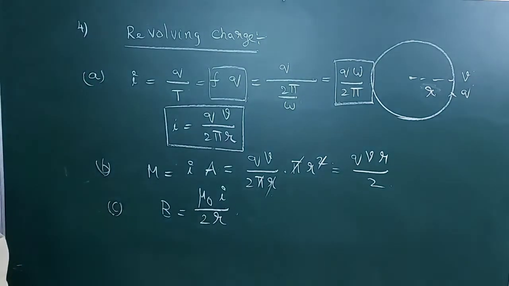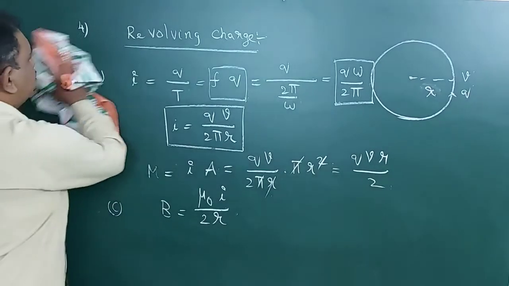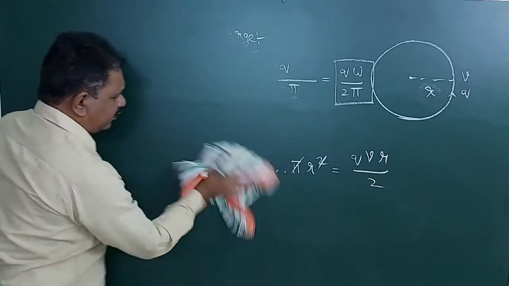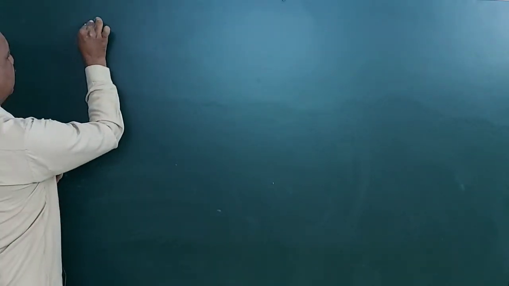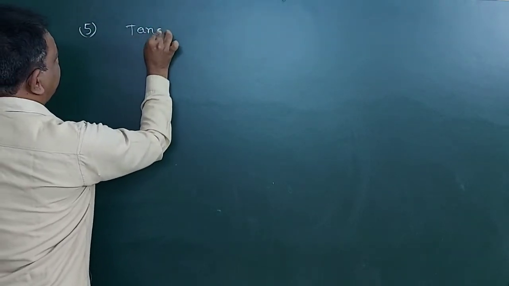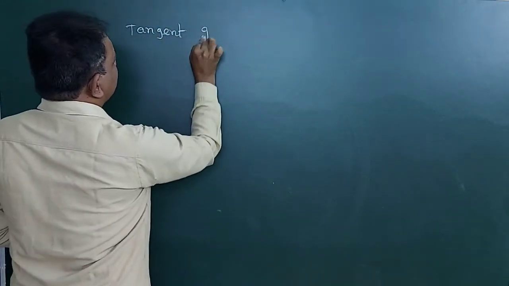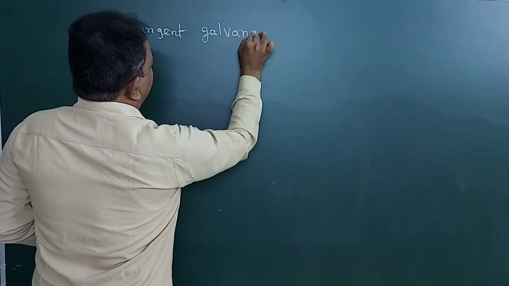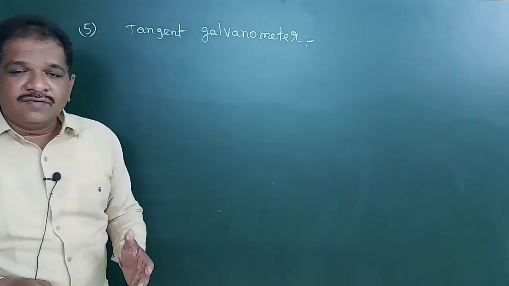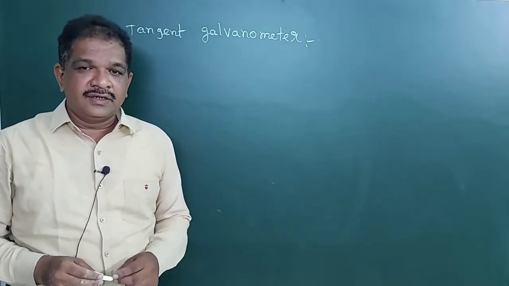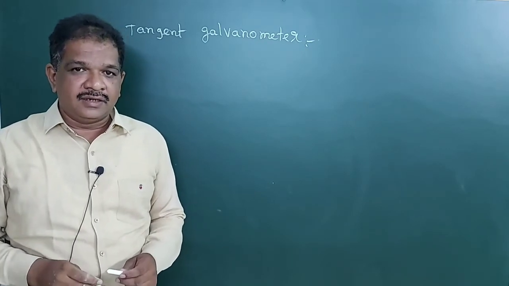Okay. Next, another one will be the tangent galvanometer. They will ask. So see the fifth one, tangent galvanometer. Tangent galvanometer is a device used to measure the current.